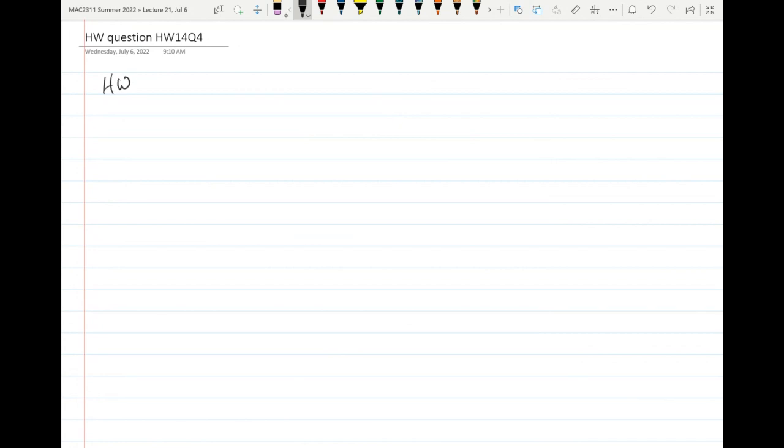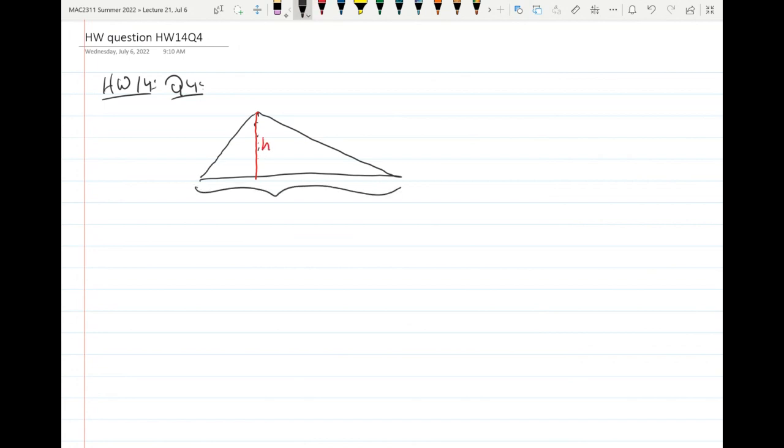So this is 14, question 4. I'm just gonna draw any triangle here. This is a triangle, and then it has a height, let's call it H, and then it has a base, let's call it B.